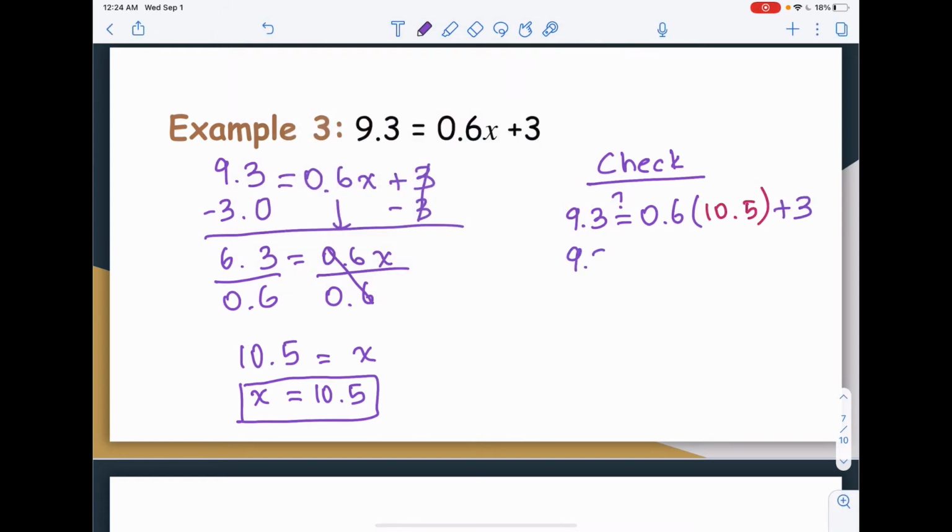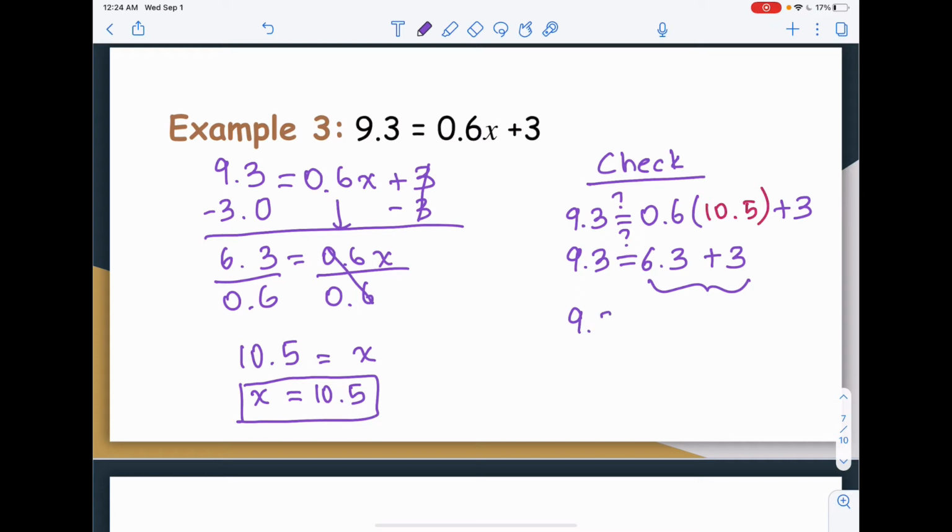So let's rewrite: 9.3, is it equal to 0.6 times 10.5? Let's see, 0.6 times 10.5 is 6.3, and plus 3. When you add 6.3 and 3, you will get 9.3.